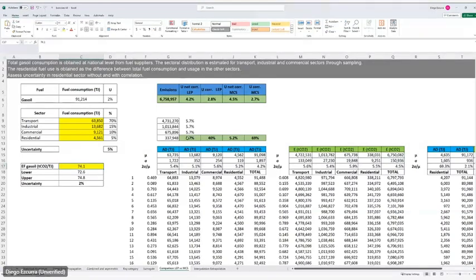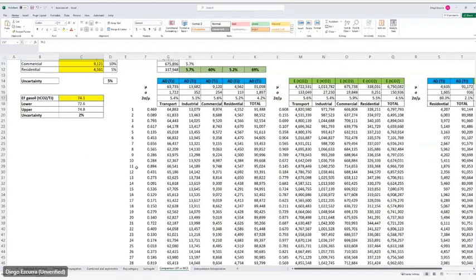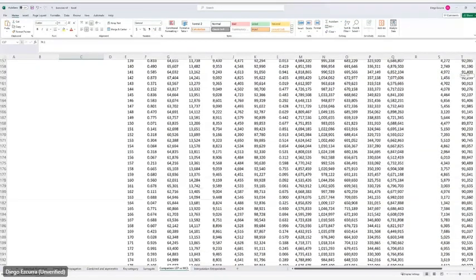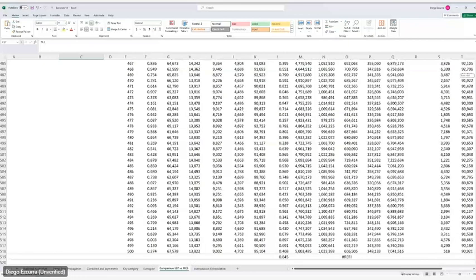So let's simulate, and let's assume in this case that this consumption behaves as a normal distribution. What I just did was manually create, let me go to the bottom of the spreadsheet, a simulation of 500 cases.